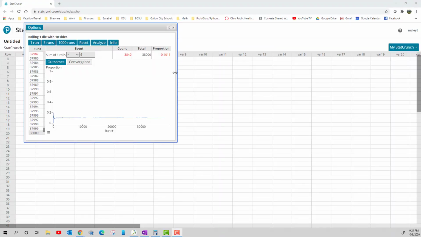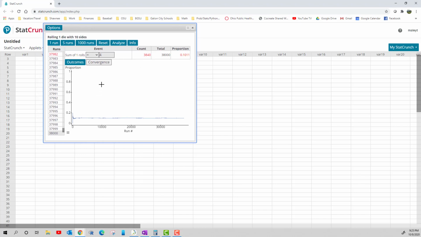Hi, so one additional thing that I wanted to mention before we finish this section is looking at this outcome chart in StatCrunch, right? So this is the StatCrunch that we were working on, and this is when I was simulating rolling a 10-sided die, and we were looking at how many rolls I got the event of a 4, right?